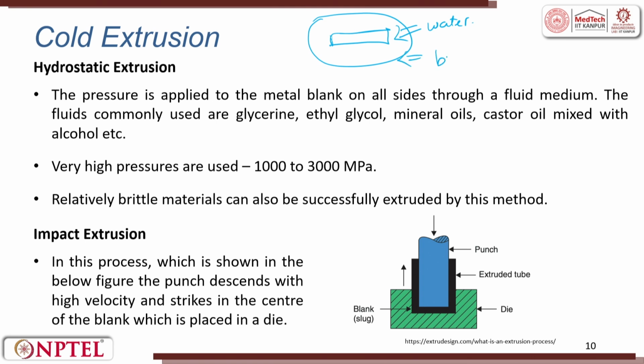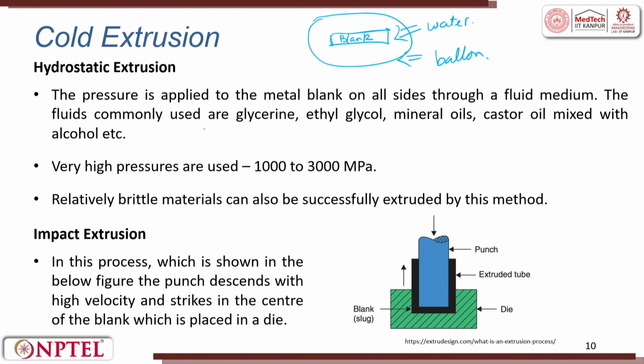So, the pressure exerted all around the blank will be uniform. When this is uniform, the defects can be reduced in a large way. So, pressure is applied to the metal blank on all sides through a fluid media.